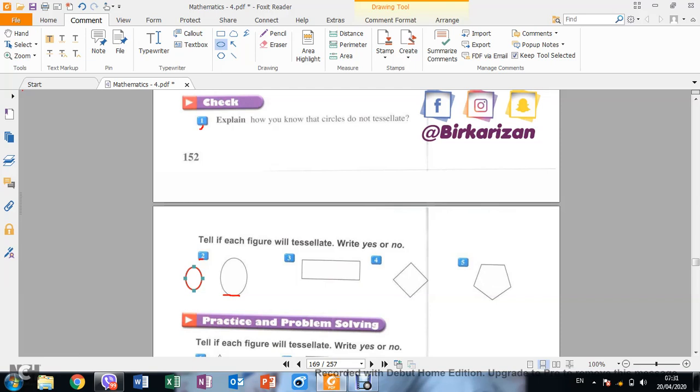this is the shape. Okay, again, look, when I repeat it, it has a space between them. One of them is smaller, the others are big. No problem.